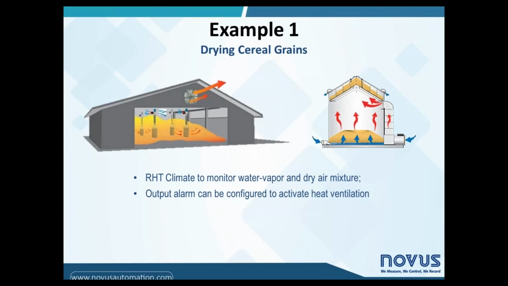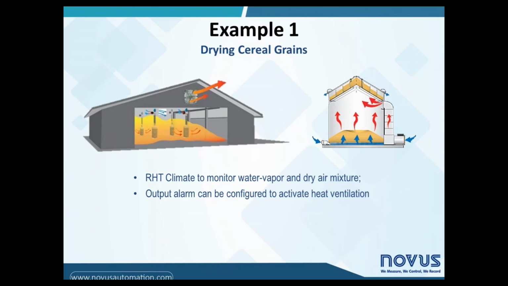Here we'd like to show a few more practical examples of application for the RHT climate. In this first example, there is a process for drying cereal grains in a garner. Here, the requirement is to monitor the mixture of water vapor and dry air inside the garner.